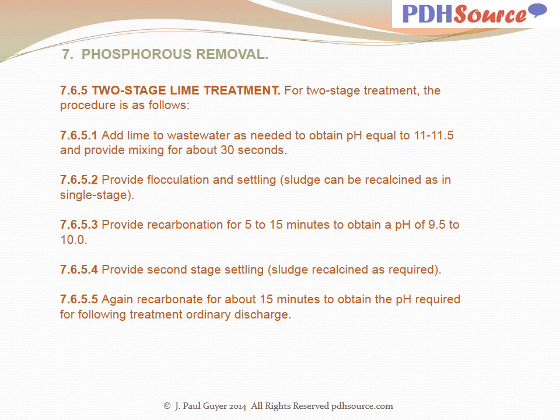Provide recarbonation for 5 to 15 minutes to obtain a pH of 9.5 to 10. Provide a second stage settling with sludge recalcined as required. And again recarbonate for about 15 minutes to obtain the pH required for following treatment and ordinary discharge.